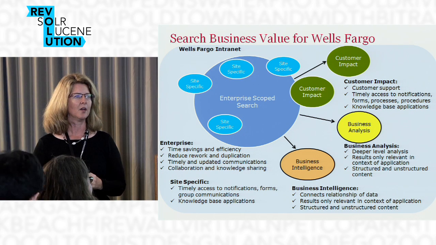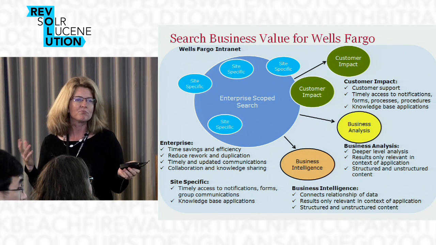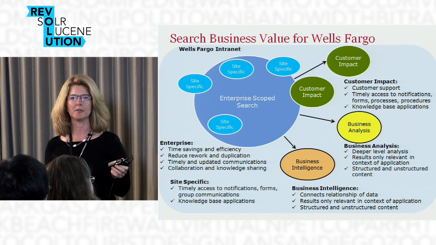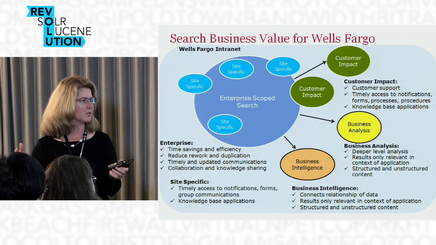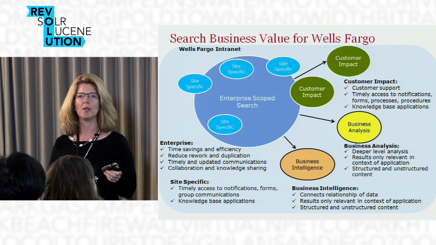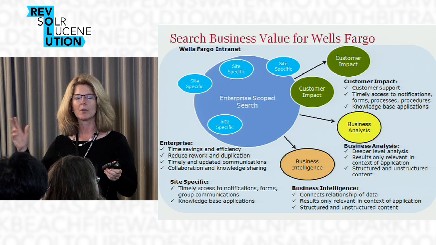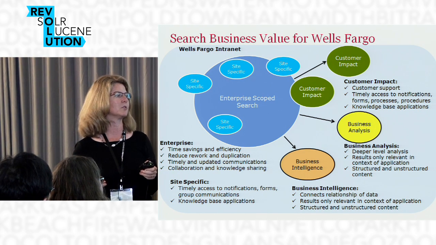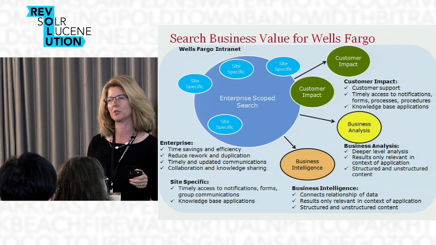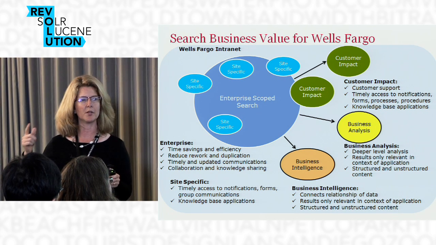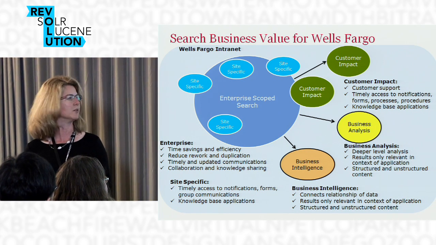That was it. Enterprise search was about 75% of our traffic. Over the years, that's changed, and now we're finding more and more different types of search applications. Enterprise search is only about 25% of our traffic, and all the other types of search applications are increasing.